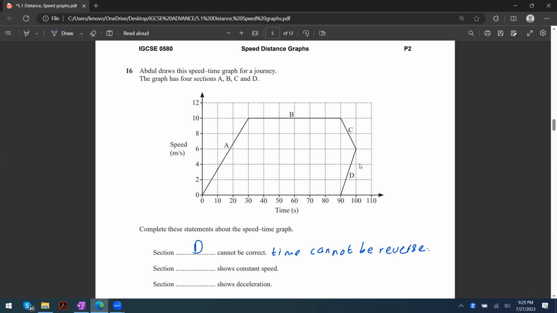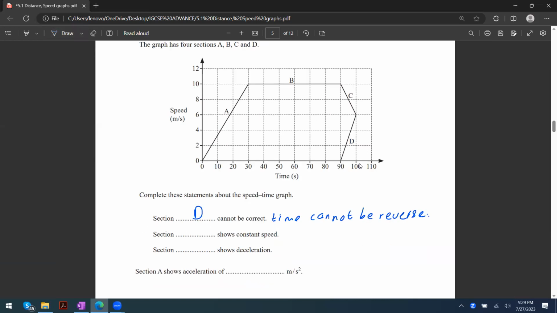Which section shows a constant speed? Obviously, it's B. There is a constant speed of 10 meter per second. Deceleration means speed is decreasing. C. Yeah. Deceleration is negative gradient. Negative gradient is always like that, and positive gradient is like this.